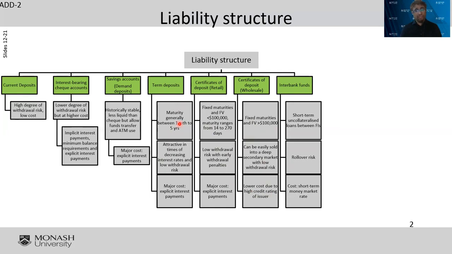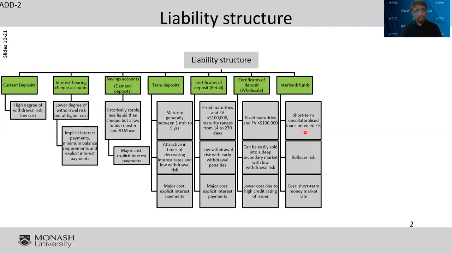We have the interbank funds. We can borrow from the banks. And it's a very active market, whether you are talking about the exchange settlement account or the interbank market. This is short term. It is not guaranteed or collateralized.